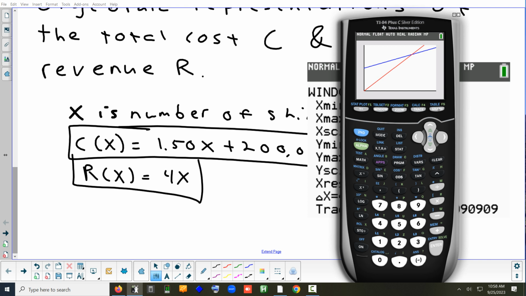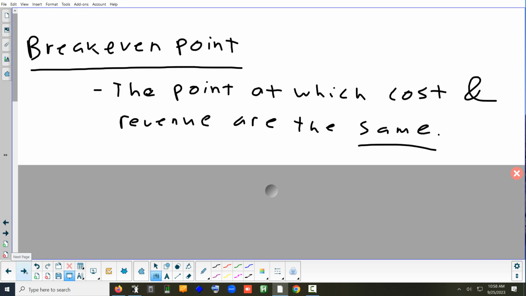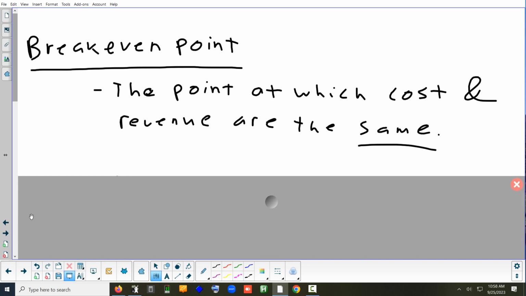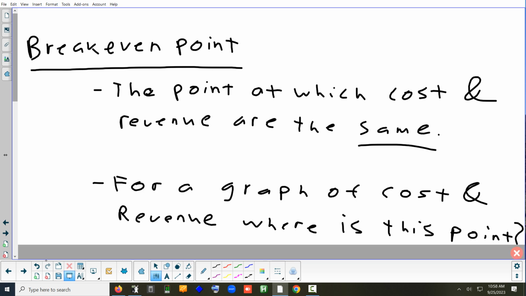Okay, now they're going to ask us to do something with it. Specifically, they're going to ask us to find what's called a break-even point. So the break-even point is when cost equals revenue. So I kind of just told you the answer. So graphically, it would be where your two lines do what? Cross. Yeah, it's where they intersect.